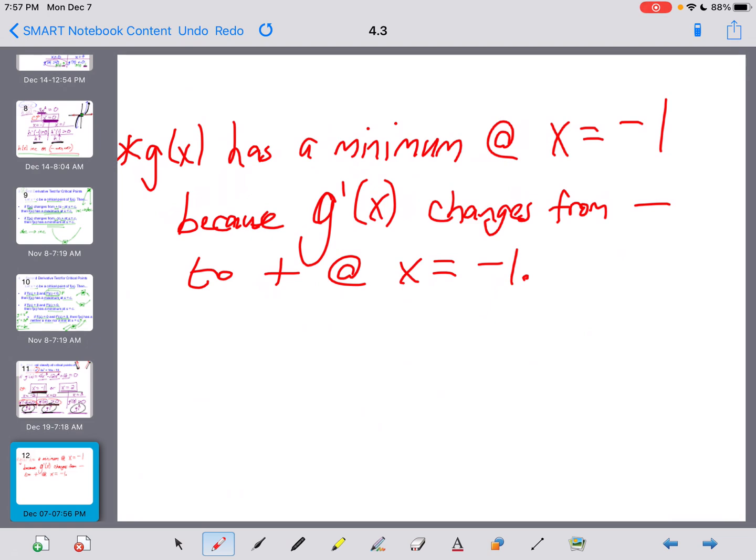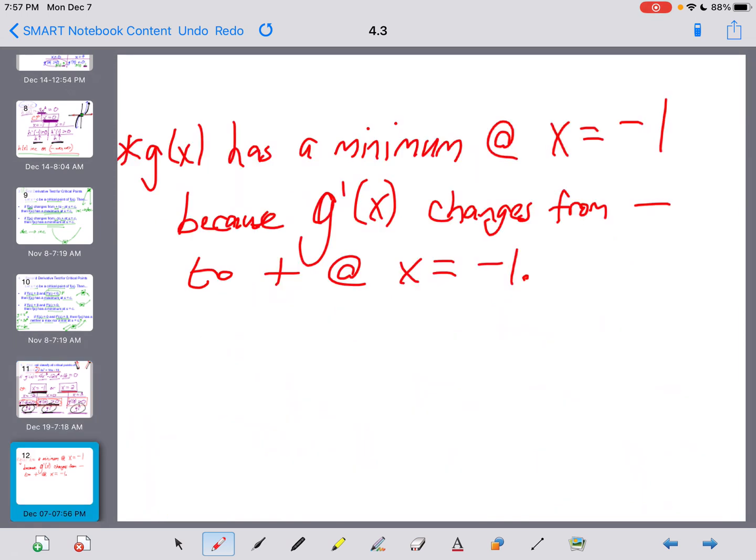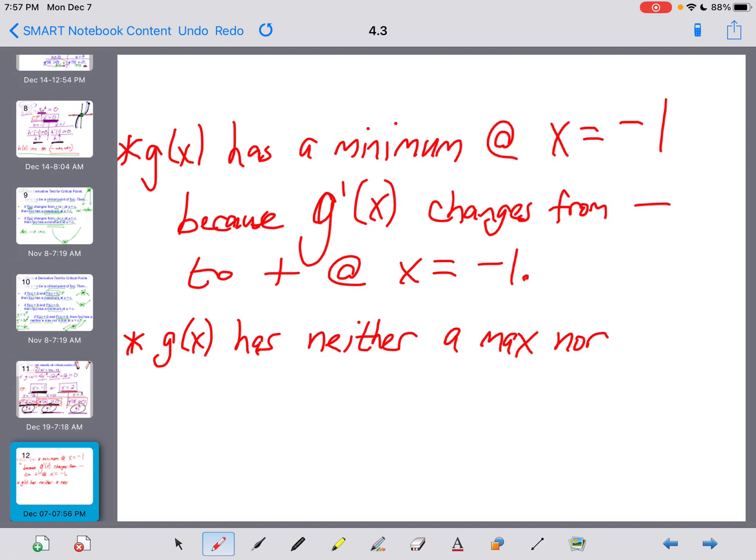The second critical point, let's go back, was right here at x equals 2. And what happened there? Our derivative was positive, and then it was still positive. We don't have a maximum or a minimum at that second critical point. So for the second part of the answer, we would say that g of x has neither a max nor a minimum at x equals 2.